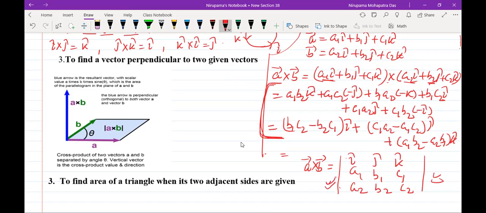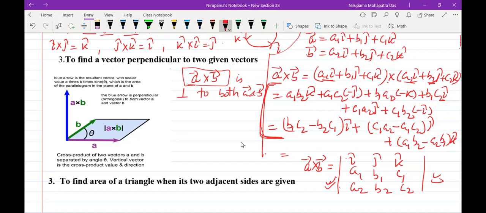Next, the third application is to find a vector perpendicular to two given vectors. As we have discussed, the direction of A cross B is perpendicular to both A and B. So if the question is to find a vector perpendicular to A and B, that vector will be your A cross B. To find the vector which is perpendicular to both A and B, you can take the cross product of the two vectors.